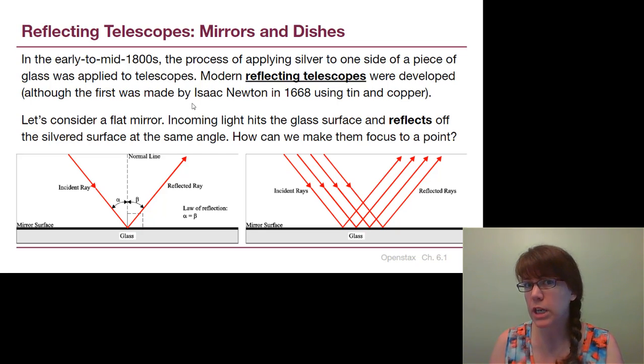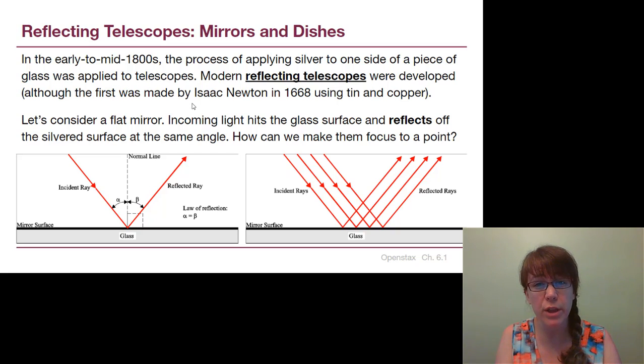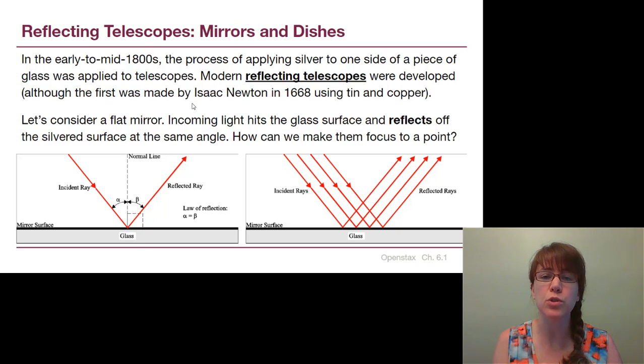It works, but not incredibly well. It took until the early to mid 1800s for modern reflecting telescopes to be used, because it took until then for the process of applying a very thin layer of silver to a piece of glass that allowed us to then make mirrors for telescopes.